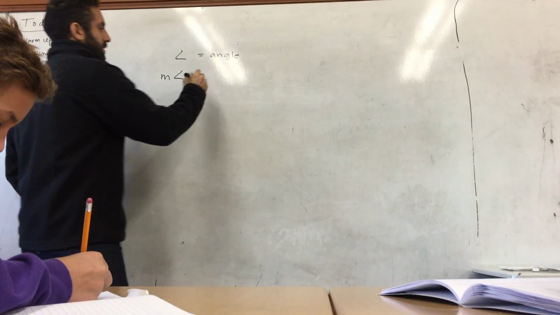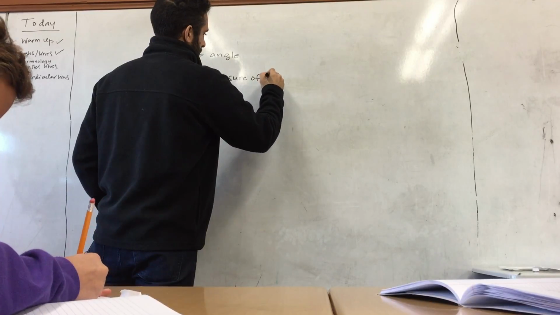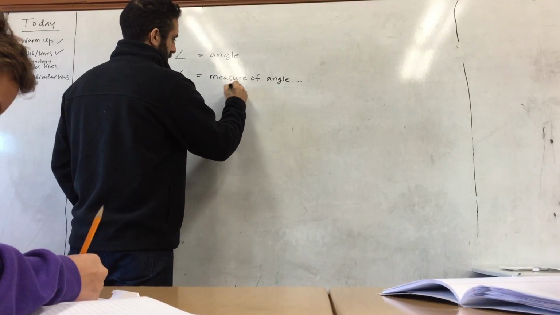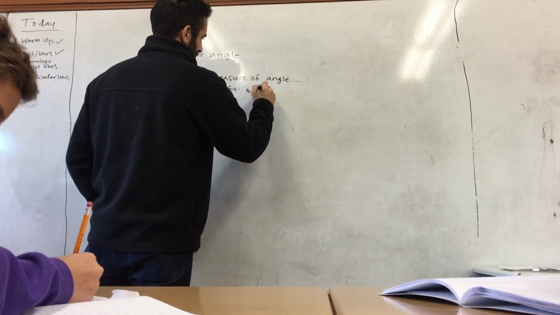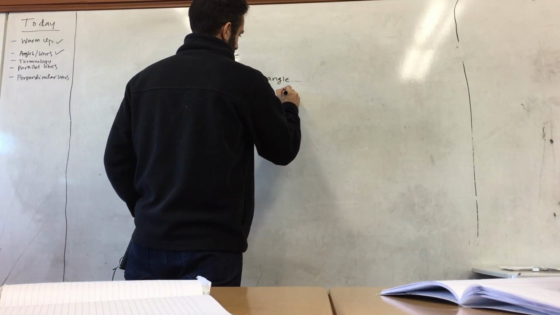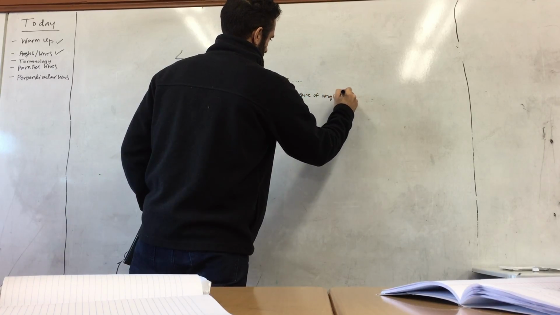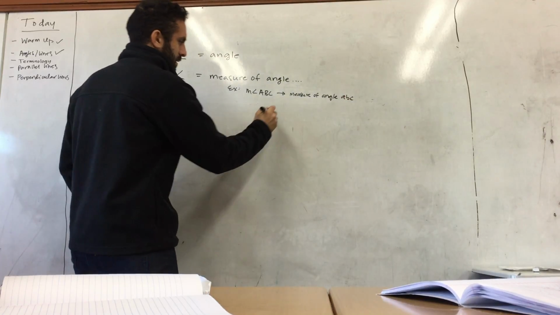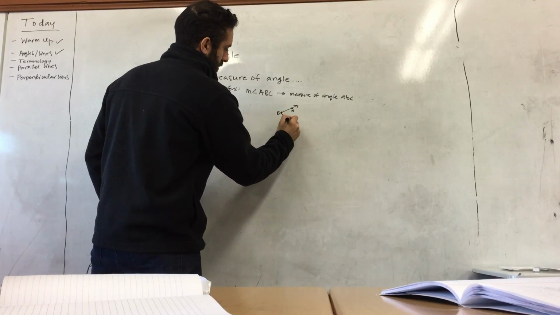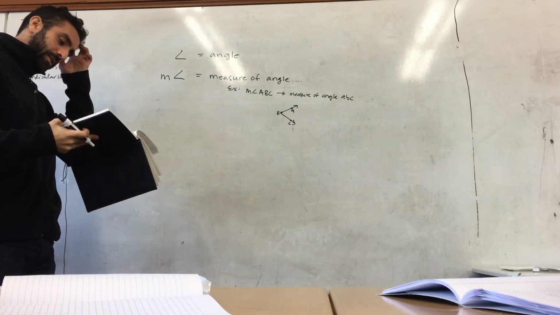Measure. If there's an M in front of it, it means the measure of that angle.